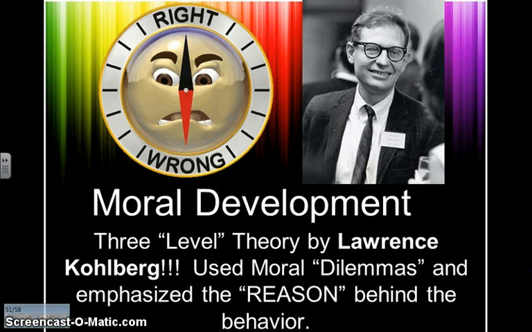And Kohlberg, like I said, didn't attach them to certain ages, but he said that a person would change or evolve into a new level of morality based on their discussions and interactions with someone at a higher level.